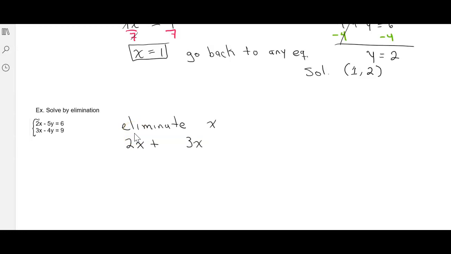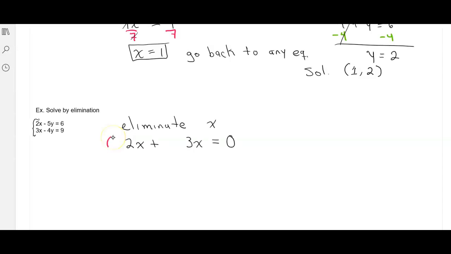Remember that our goal is to get 0. Obviously, they don't get added and get to 0. Therefore, we need to find which number actually will work to eliminate.